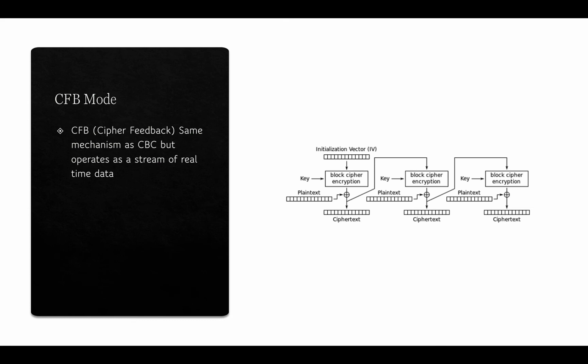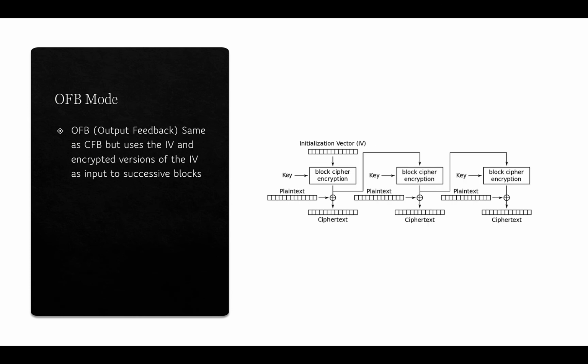Cipher feedback does the same thing as CBC, but operates on a stream of real-time data. So again, this is optimized for stream data and not block data. And it has a slightly different arrangement in terms of how it uses the IV and keys. Output feedback, same, but uses, again, a slightly different approach.